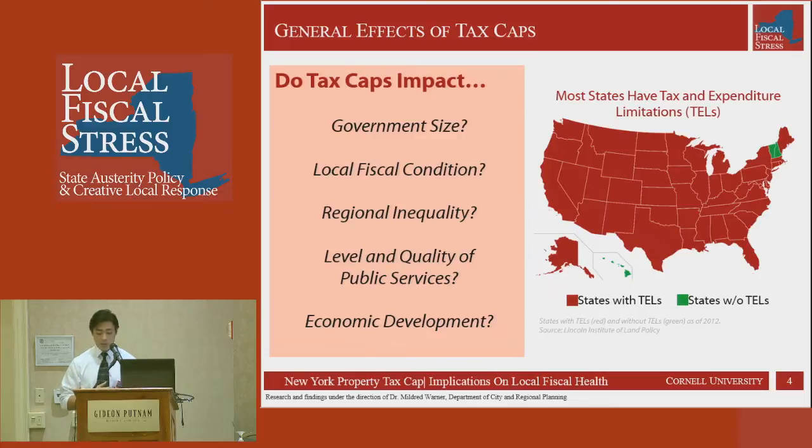Fiscal stress may also increase, and in response, local governments are forced to reduce public services. We also found that regional inequality tends to increase as wealthier localities are better able to raise funds independently. Overall, we found that tax caps have the potential to harm economic growth statewide. So now Yun Xiaoxu will speak about our model and our analysis.